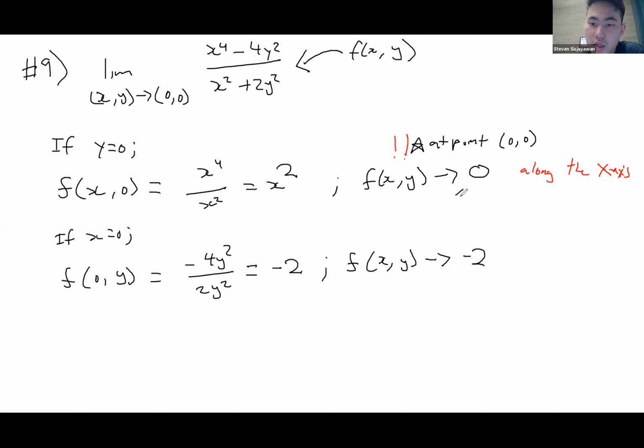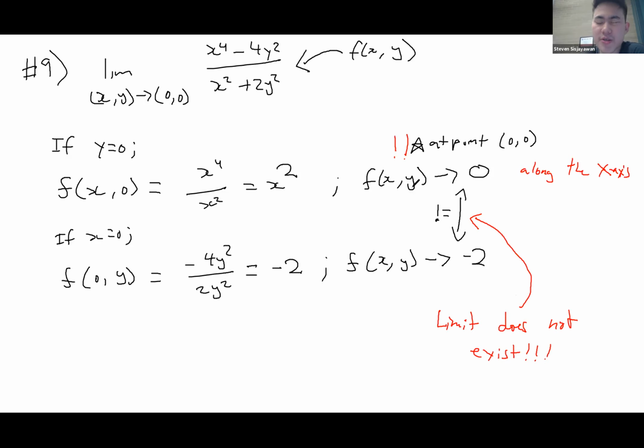And since these two limits are not equal to each other, we can say that the limit does not exist.